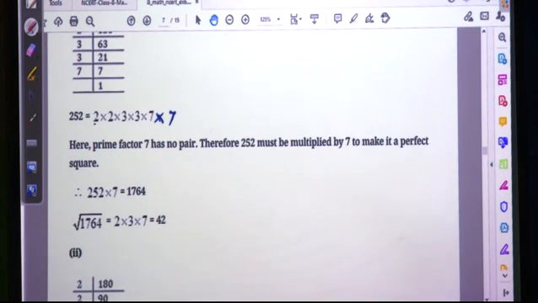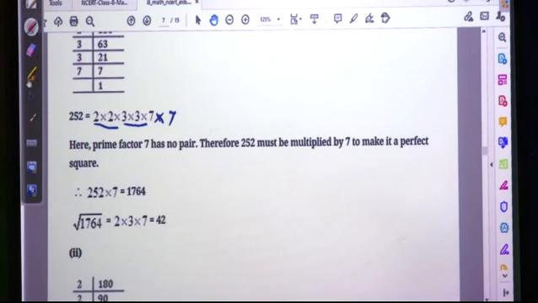We are making pairs: 2, 3, 7. 6 7s are 42. Means the square root of 1764 is equal to 42, or 42 square is 1764.